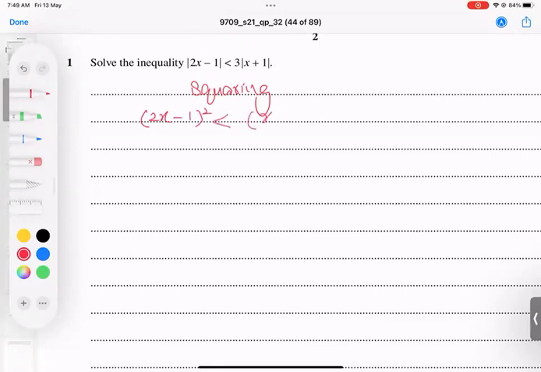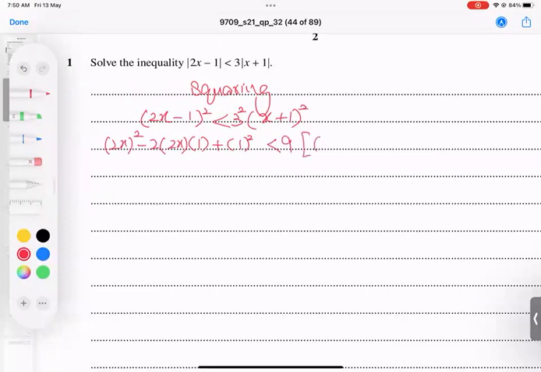And some students miss the squaring of 3. This mistake sometimes students do. I hope you will not do this mistake. Here I'm using the squaring identity: write 2x minus 1 multiplied by 2x minus 1. First term square, plus 2 into first term into second term, plus second term square.